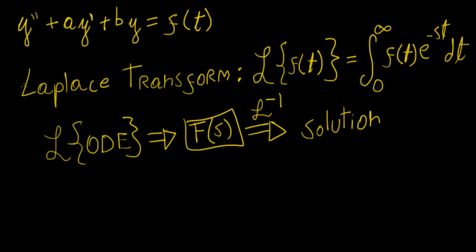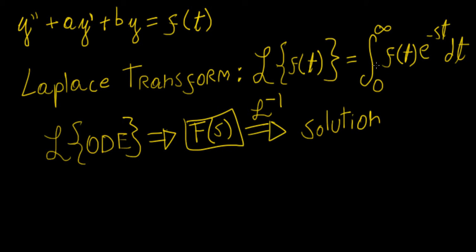Just to illustrate what this does, let's say you take a function of t. Applying the Laplace transform is essentially multiplying that function by this exponential function, e to the power of minus st, and this portion of the integral, which is always present, is called the kernel of the integral. This is the unilateral or one-sided Laplace transform because we're only taking it from 0 to infinity.